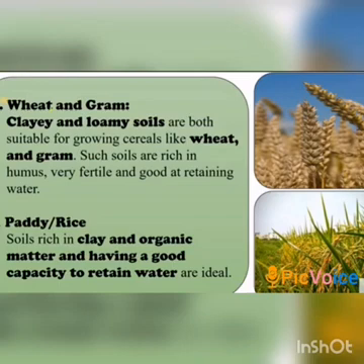Why are they suitable? Because these clay and loamy soils are good at retaining water. Their water retaining capacity is good. So they are apt for growing wheat and gram.